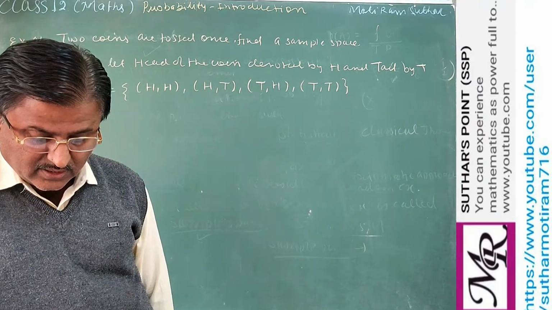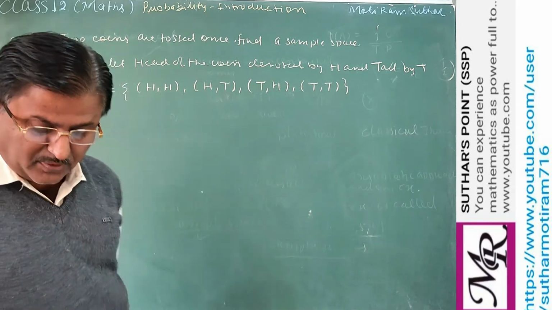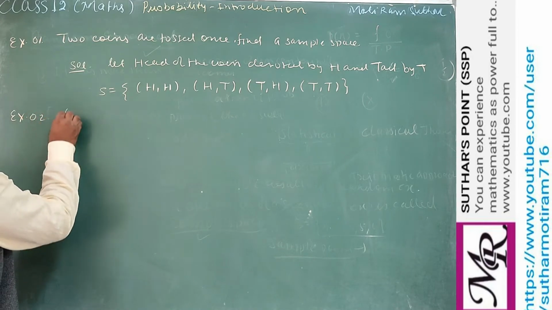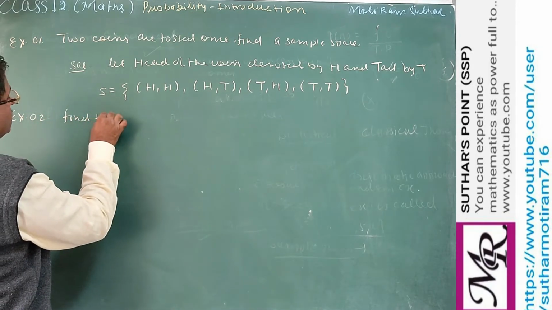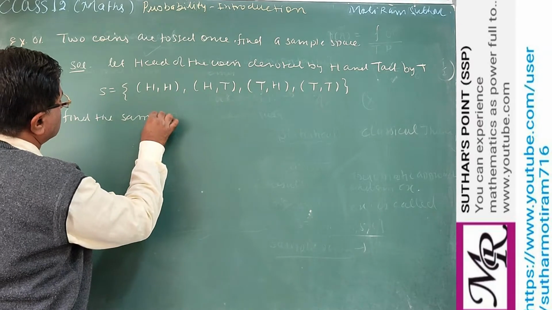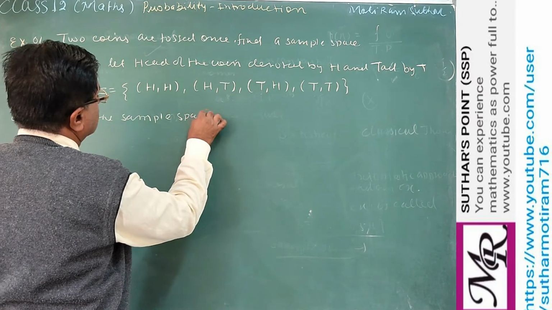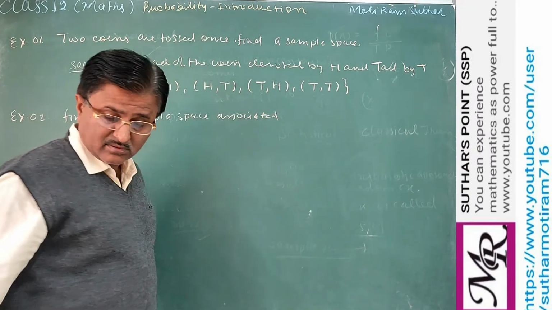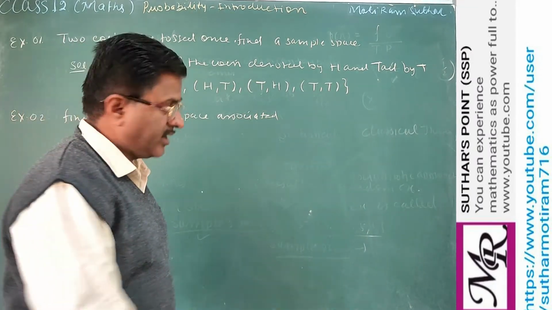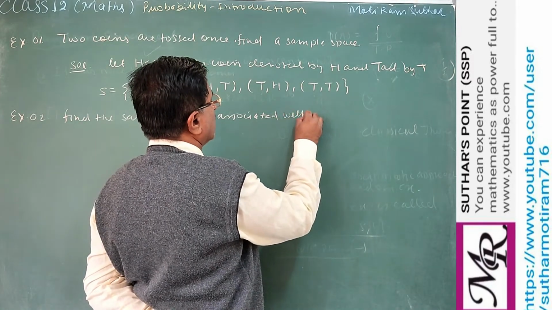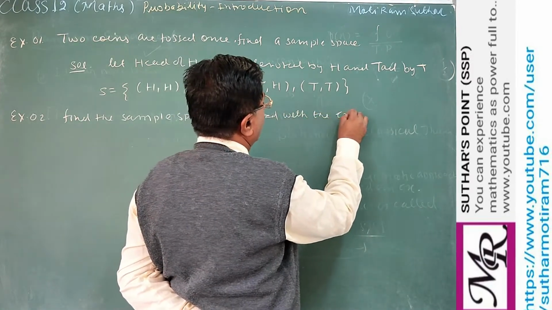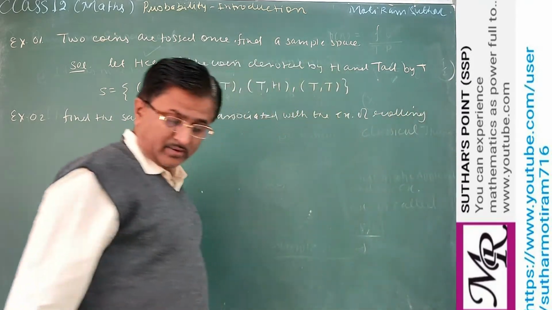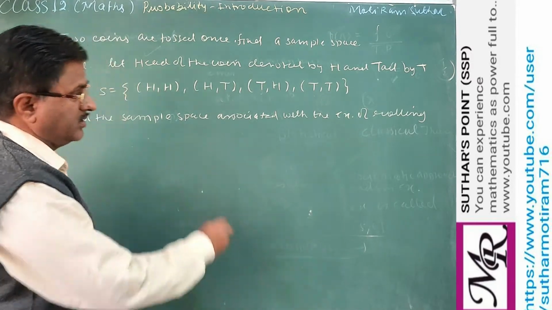Now, second example: find the sample space associated with the experiment of rolling a pair of dice.